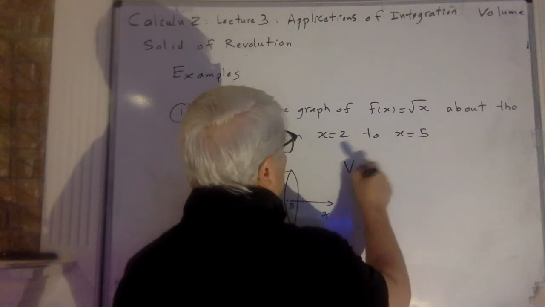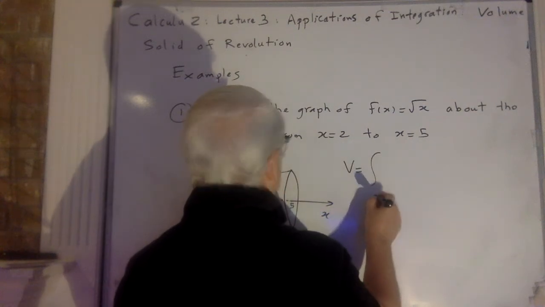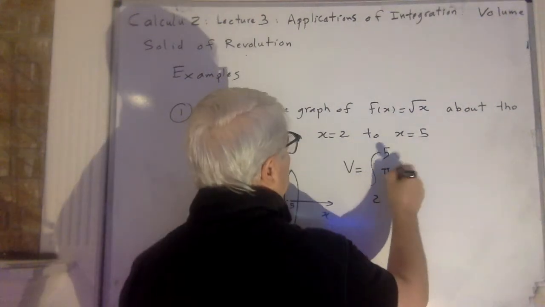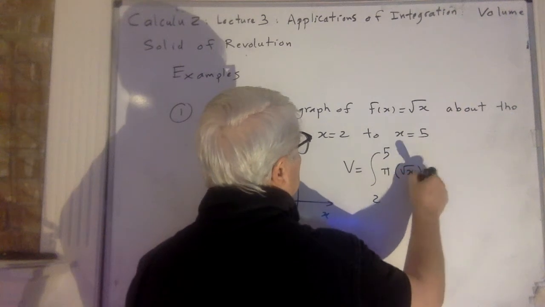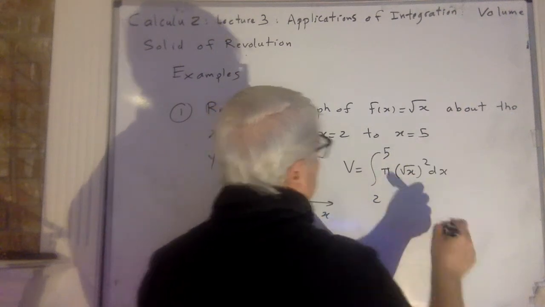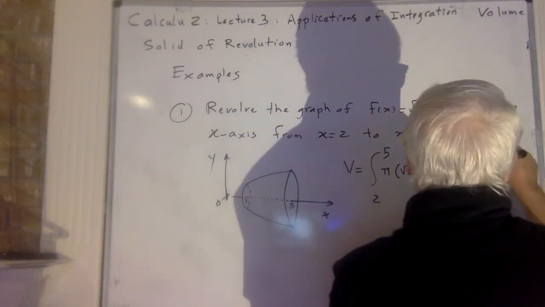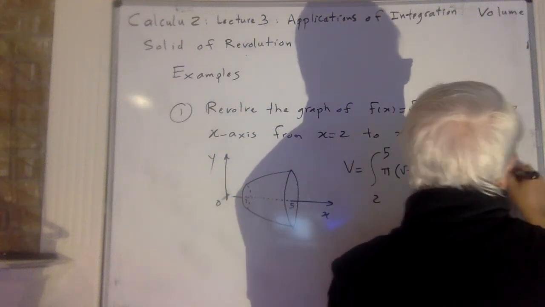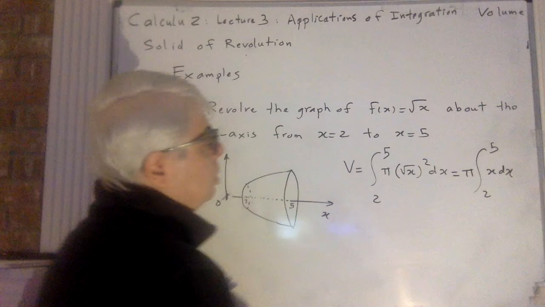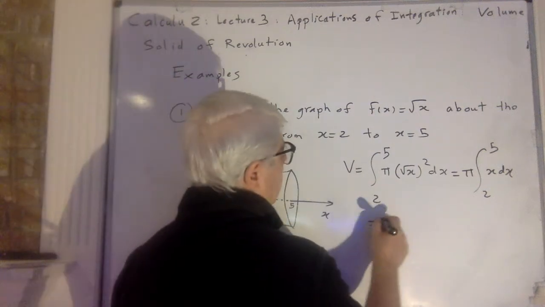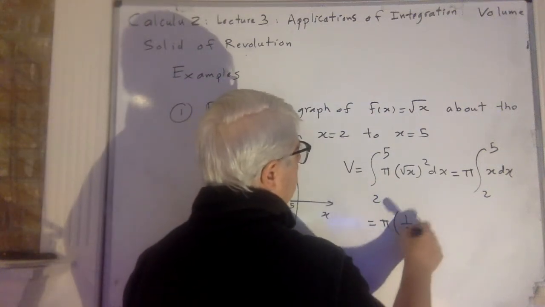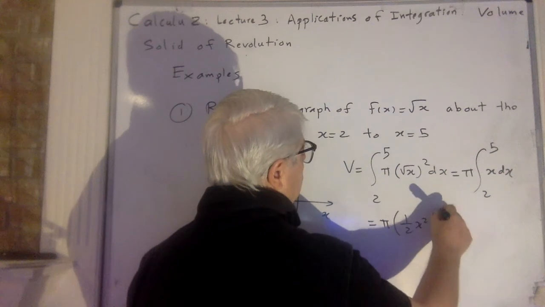The volume of the solid of revolution by the formula is the integral from 2 to 5 of pi times the square root of x, squared, dx. So pi is simply a constant, and we have pi x dx. That is pi times 1/2 x squared from 2 to 5.